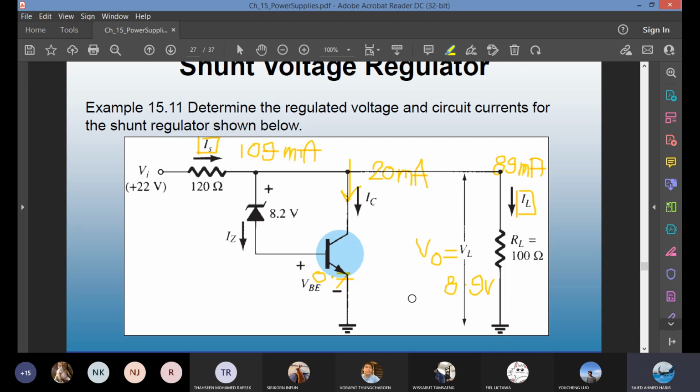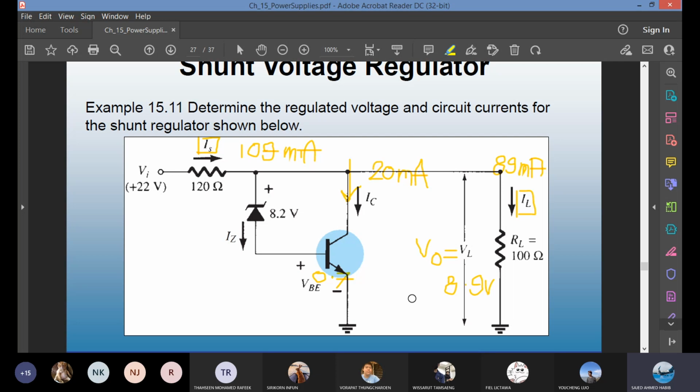If I take a beta value of 50, 20 milliamp divided by 50, you have 0.4 milliamp. So with a beta of 50, IZ is 0.4 milliamp.